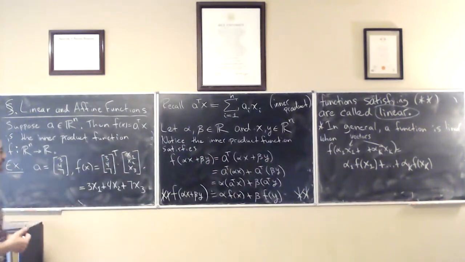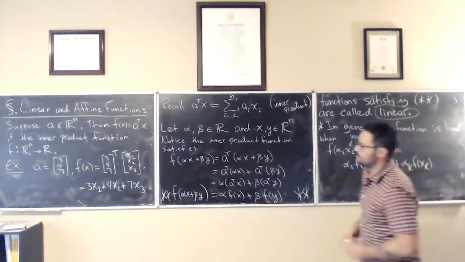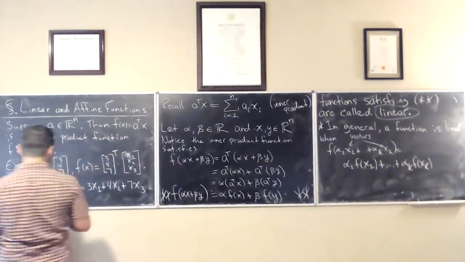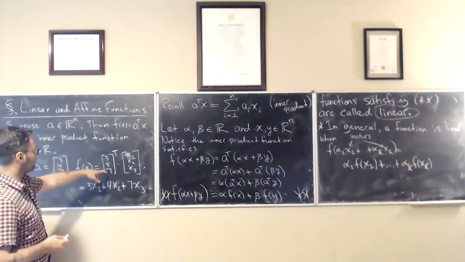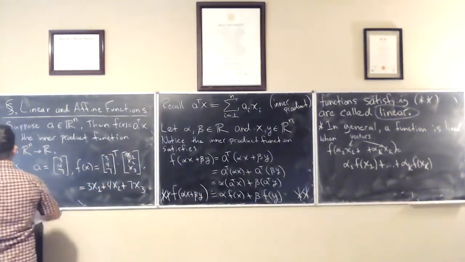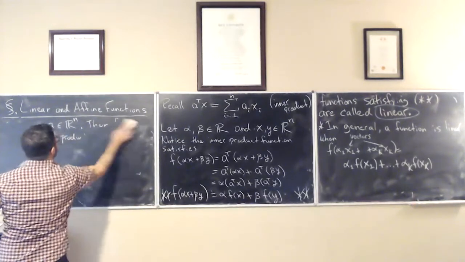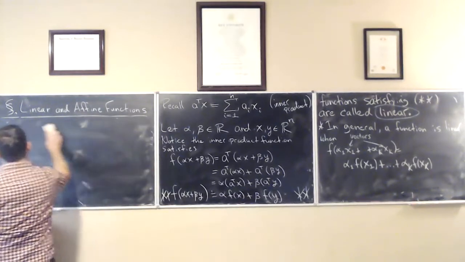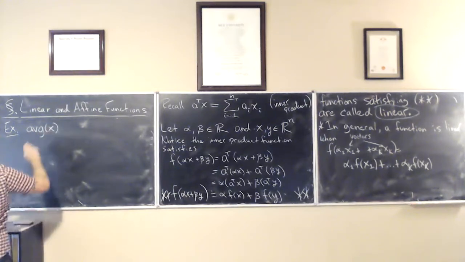Okay. So what's a concrete example of a linear function? Well, this inner product function is linear because it satisfies that. But what's another one maybe? Maybe the average function.